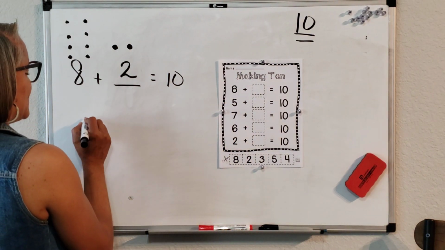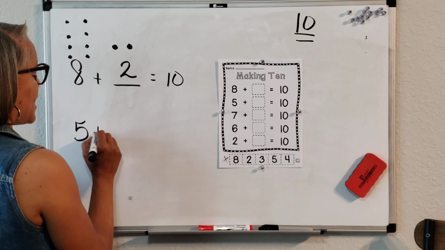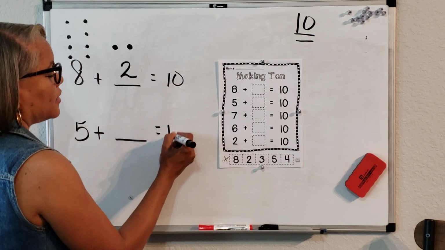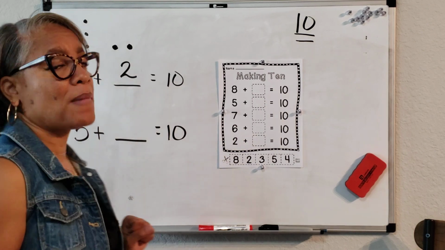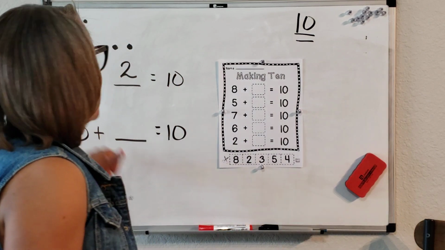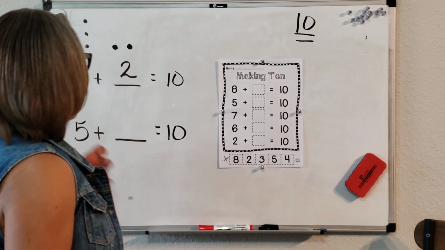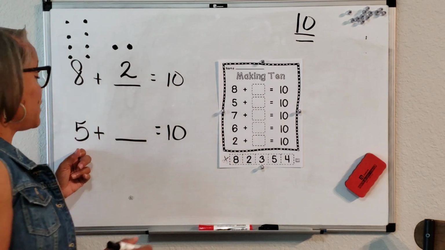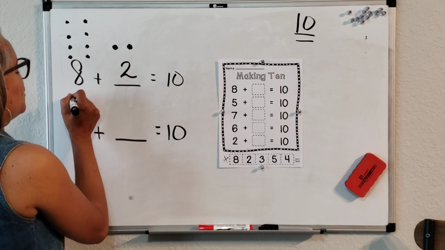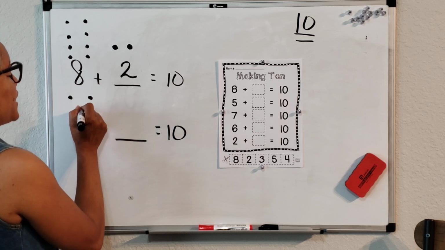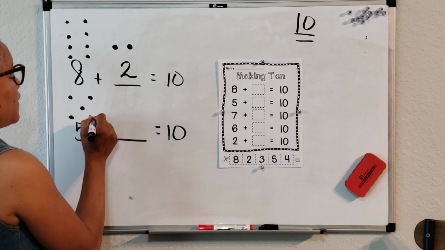Our next addition sentence is 5 plus something equals what? 10. Good job, Ivory. Okay, so let's draw the number of dots we need for the first add-in. So we need to draw, very good, 5 dots. Good job, Lisi. 1, 2, 3, 4, 5.